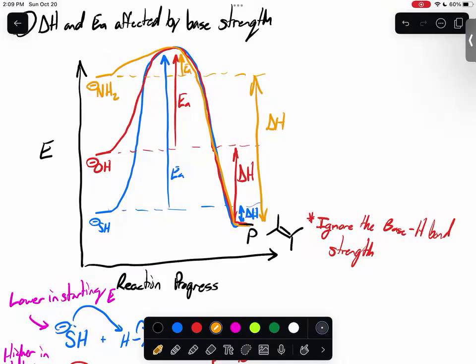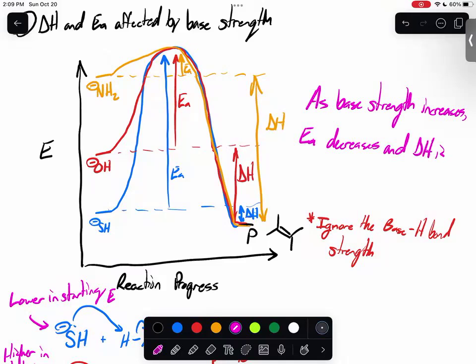So essentially, as base strength increases, the activation energy decreases, and delta H is more favorable. And so essentially, with this idea in mind, right, something like a very strong base like NH2 minus is going to love to do E2 because it has such a low activation energy barrier.